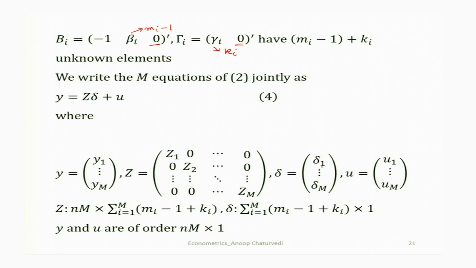Delta is equal to (delta_1, delta_2, ..., delta_M), and u is equal to (u_1, u_2, ..., u_M).